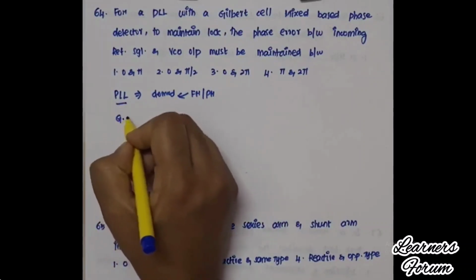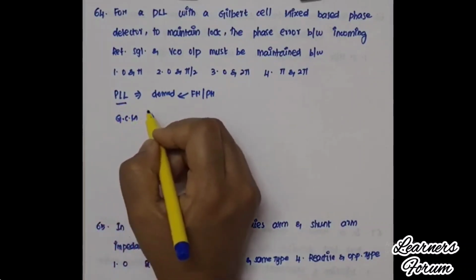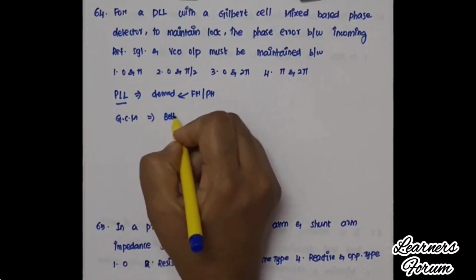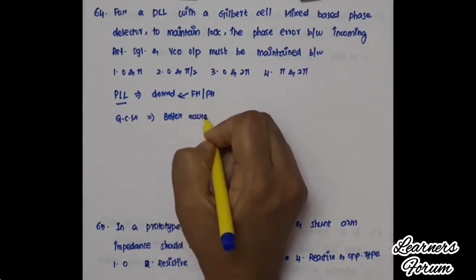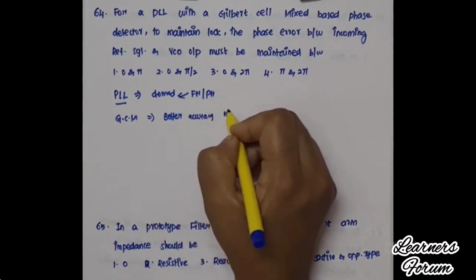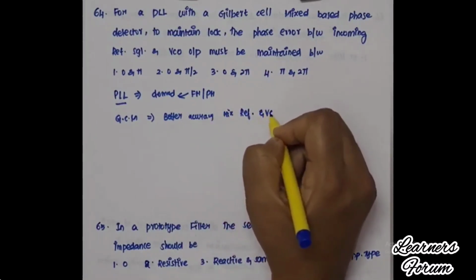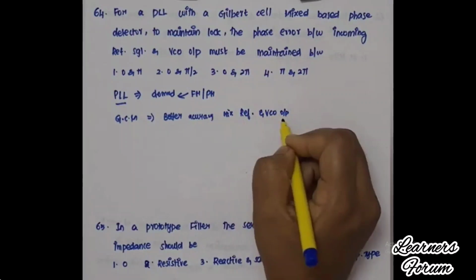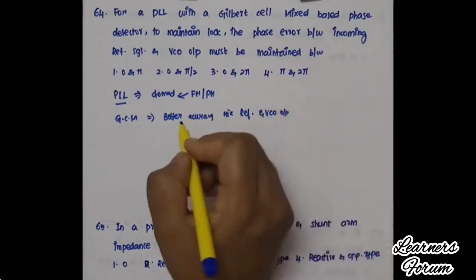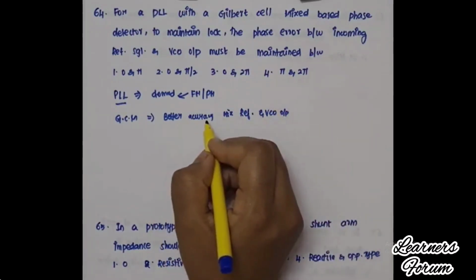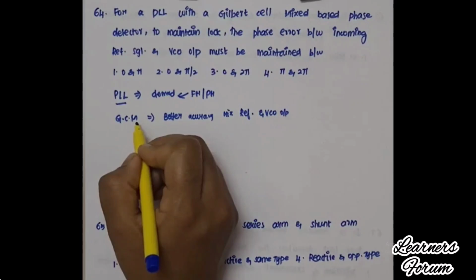The Gilbert cell that we use in this particular phase locked loop, that is the Gilbert cell multiplier, is used to get better accuracy when mixing the reference and the VCO output. So whenever we mix these two signals, to get a better accuracy, we use this Gilbert cell multiplier within the circuit.